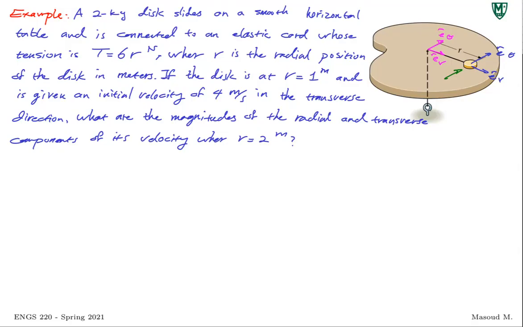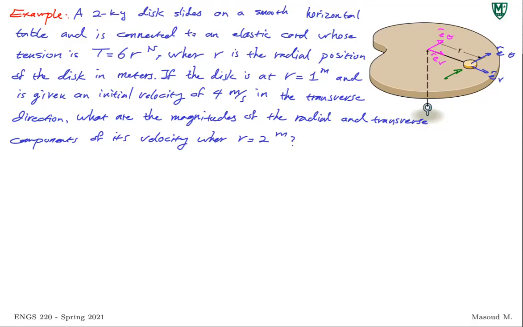Now, we said the tension force in this cord is a function of the radial position of this disc on the table. T is equal to 6R. So if you're all the way in the center, R is 0, no tension in the elastic cord. The farther you get from the point in the middle, that hole, the larger the tension force in your cord.